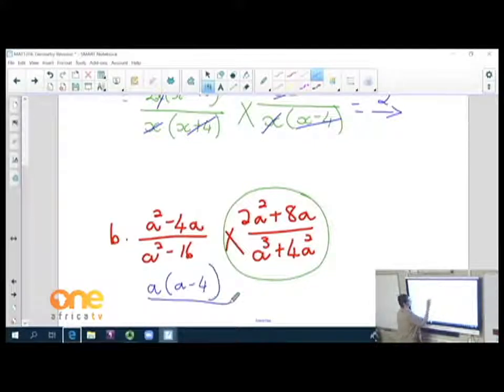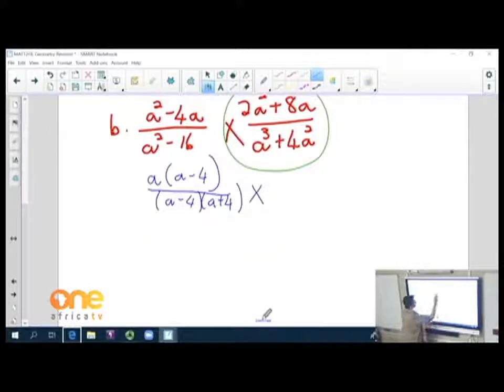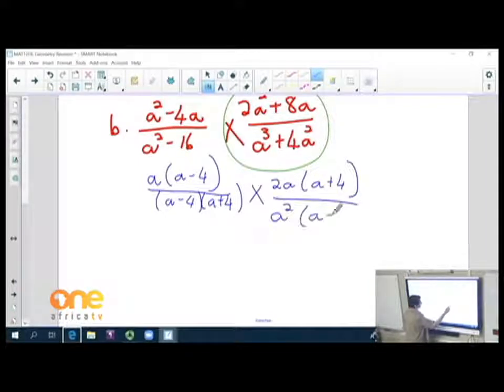This one is the difference between squares, so it will be a minus 4 times a plus 4. And now we multiply with, and there I take out the highest common factor of 2a, a plus 4. And here the highest common factor is a squared, a plus 4.